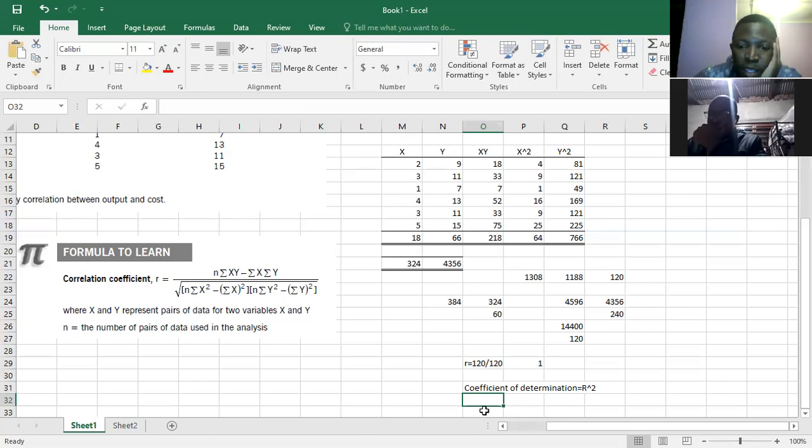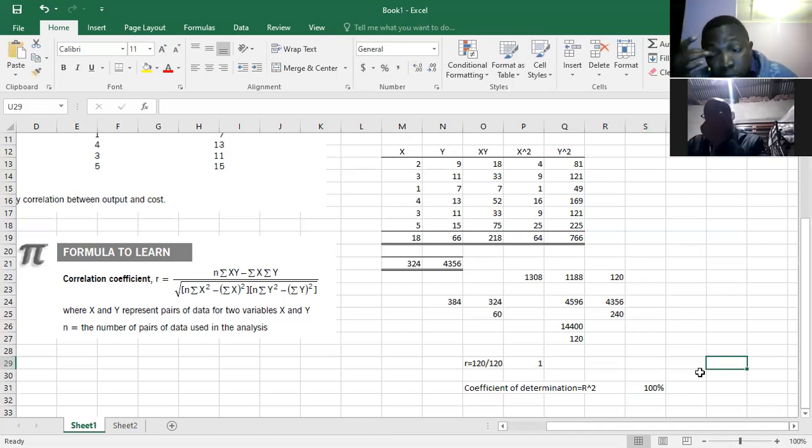So if we say 1 squared, what do we get? Now it has to be a percent. 1 squared, what do you get? It's 1, isn't it? So our r squared is 100%.